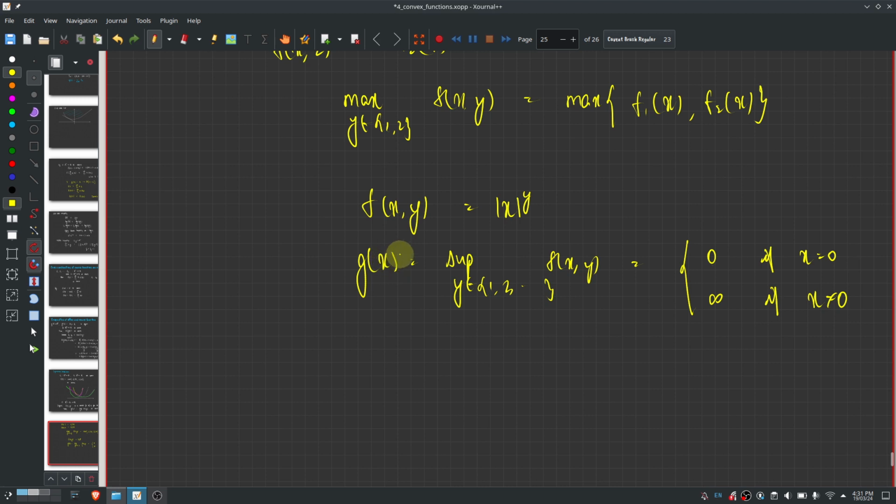What is g of 1? It's equal to plus infinity. But g of 1 is not equal to f of 1 comma y for any y. So that is precisely why the supremum is not achieved by any particular f of x comma y.